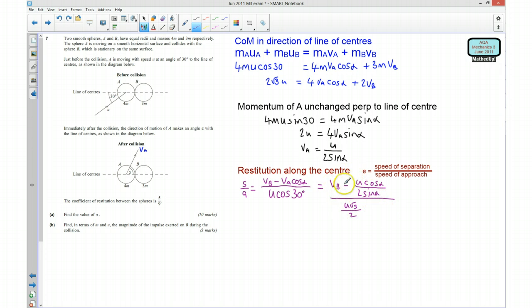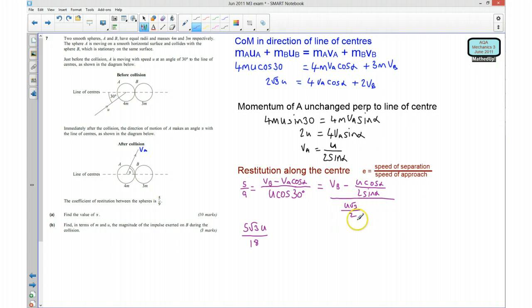Okay, and I'll just tidy this up a little bit. So if I multiply both sides by this here, that's going to make that 5u root 3. I don't like the way that I've written that. 5 root 3u over, and 2 times 9 is 18.